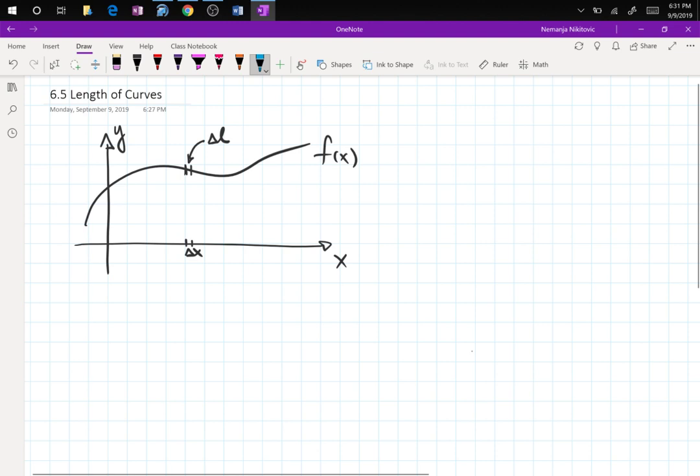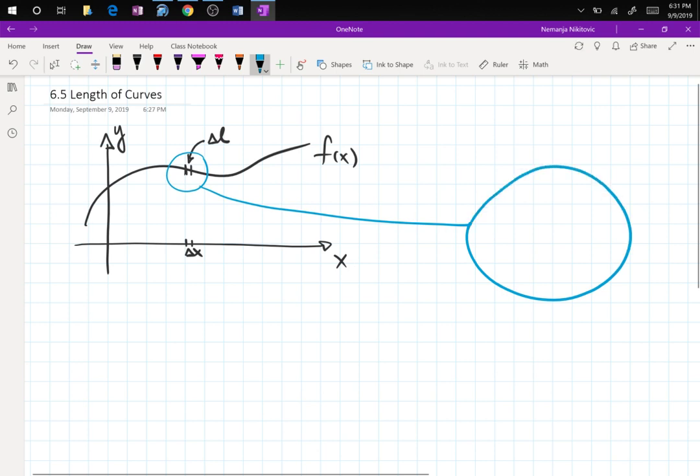So what I'm going to do is take this little piece here and bring it up right here in this much larger picture, where we see that we have delta y for the height, delta x for the width, and delta L, which is the length of the curve we are interested in.